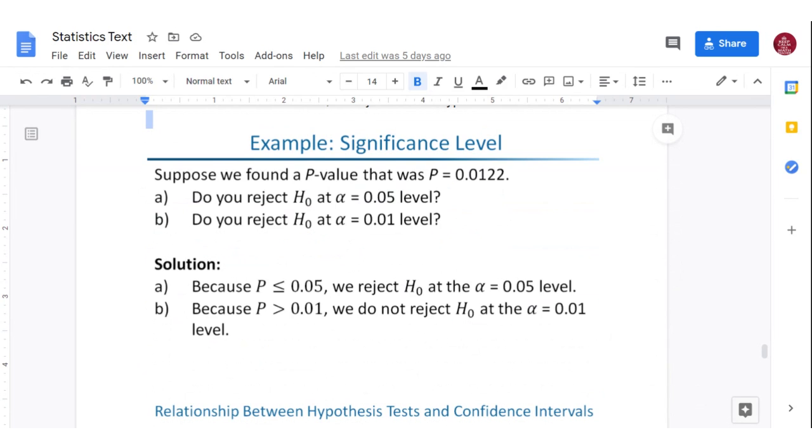But if we had a lower level of significance, 0.01, then we would fail to reject because this is not less than that. It's greater than that. So you got to watch. You'll have some like these where they'll have you calculate the test statistic, look up the p-value, and then affirm what would happen depending on what the level of significance is, and it can change.